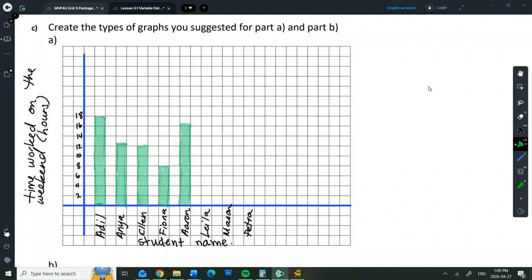Layla, 16. Mason, 8. Okay, and then Petra, 6.